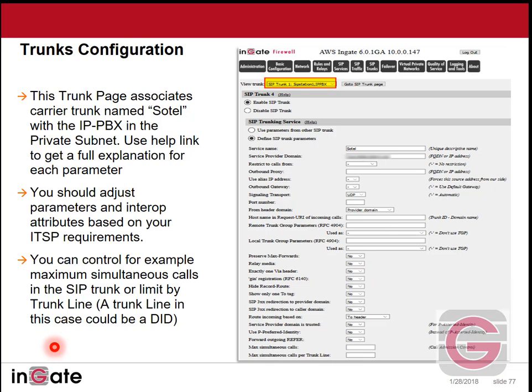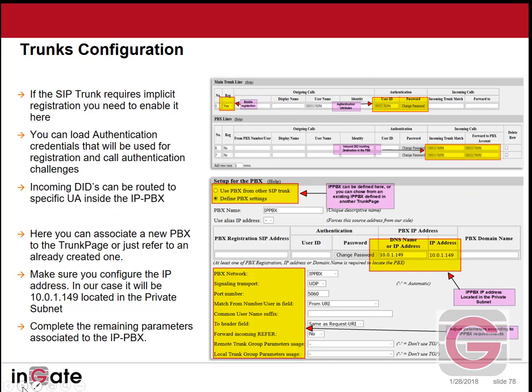The next component here is what I was explaining about the attributes that we can use on these specific sections, in this case the main trunk line and the PBX line, and how the calls are going to be routed based on DIDs. Here is the section of the PBX that we already mentioned.